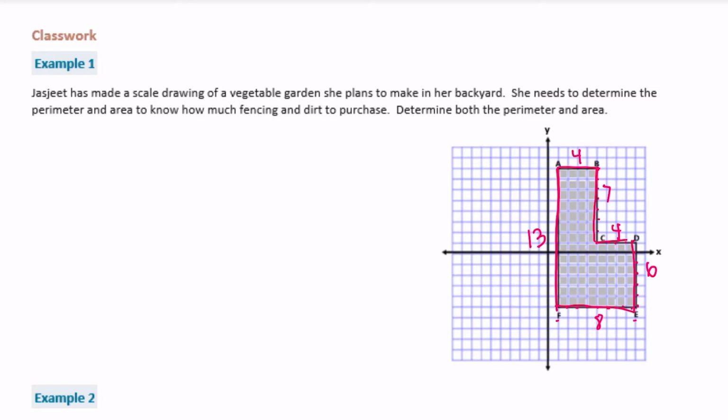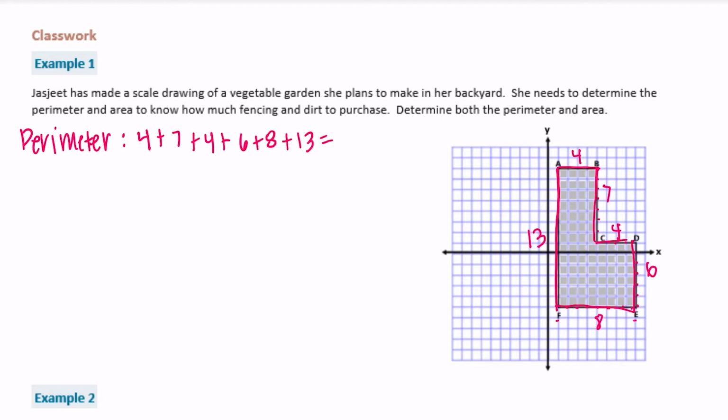So what we can do is add all of those together. So to find the perimeter, I'm going to do 4 units plus 7 plus 4 plus 6 plus 8 plus 13, and add all of those together.